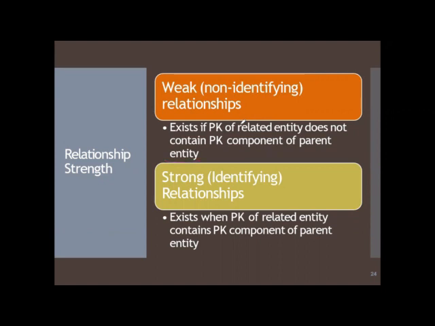But the strong identifying relationship exists when the primary key of the related entity contains the primary key component of the parent entity. So we call this a strong relationship because the entity has the primary key of the parent entity.